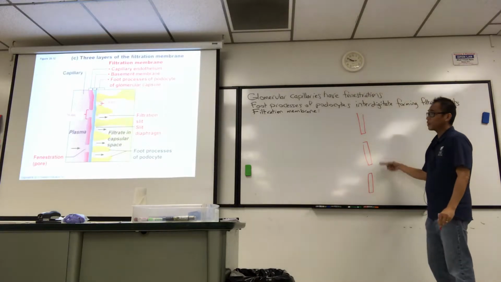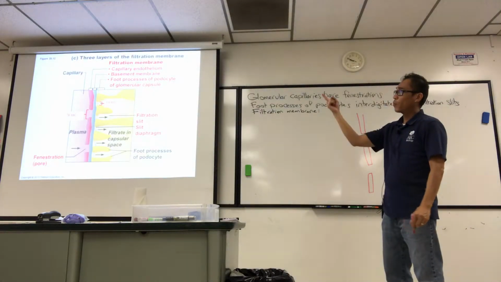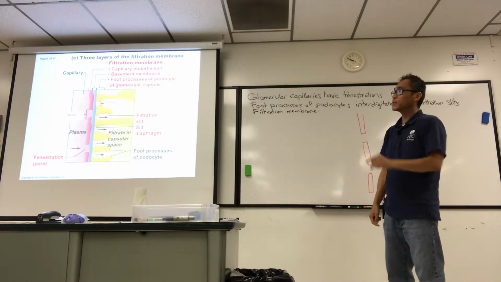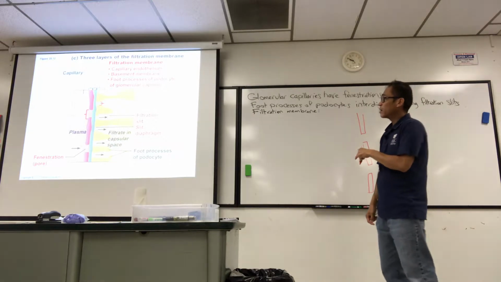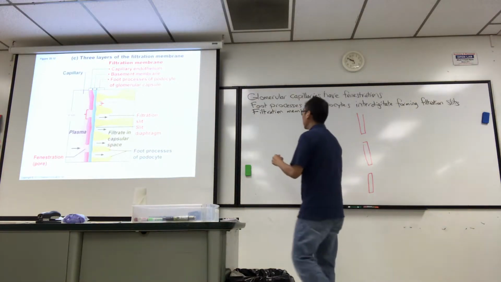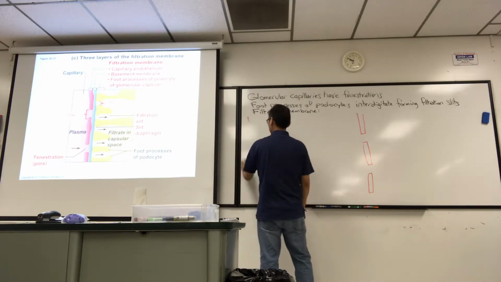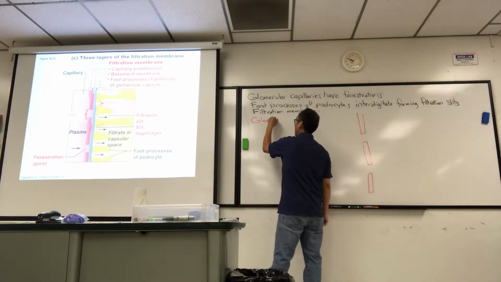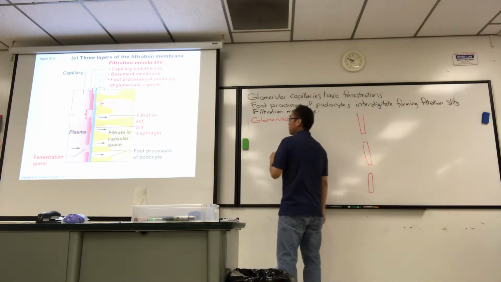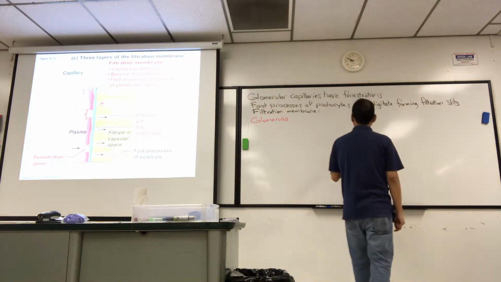Fenestrations between endothelial cells. So that represents the capillary endothelium. This is actually the glomerulus itself. So where they say capillary endothelium, I'm going to put glomerulus. I'm not going to number it. The fenestrations have been measured, 70 nanometers.